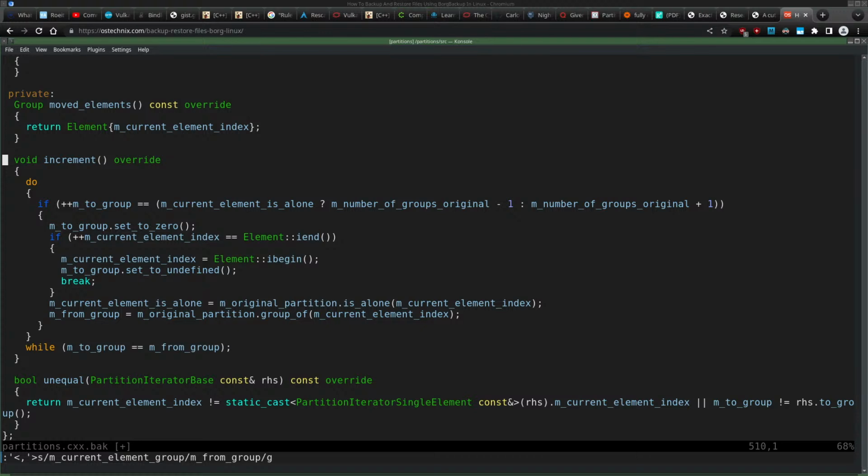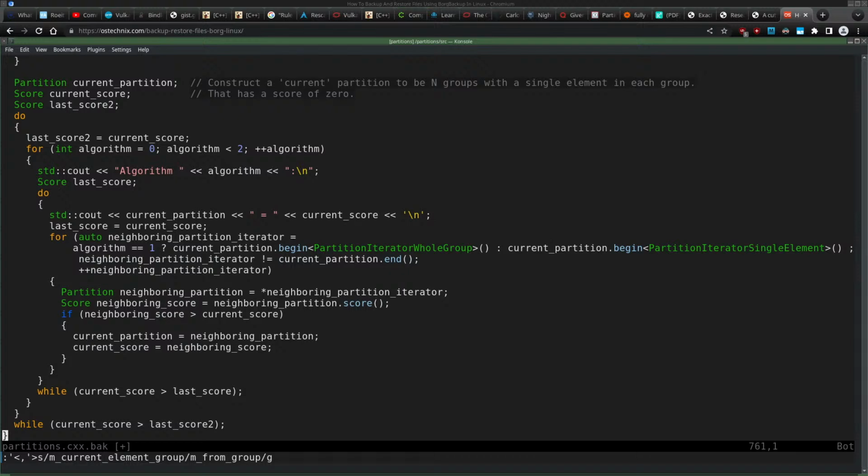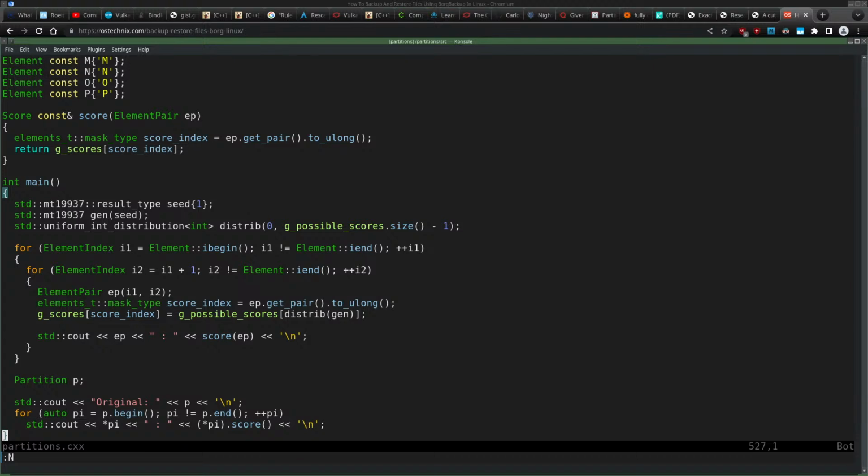Well, what else can it be? Okay, so what we are doing here is, this just calculates the scores. Even the very first one goes wrong.